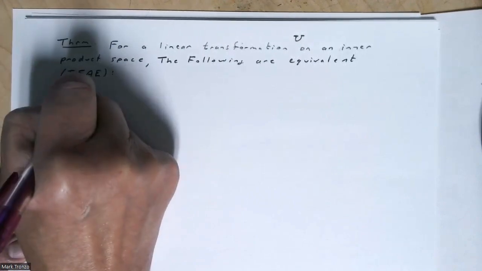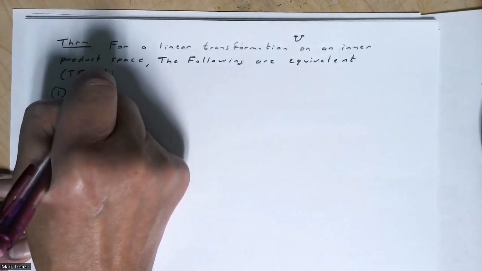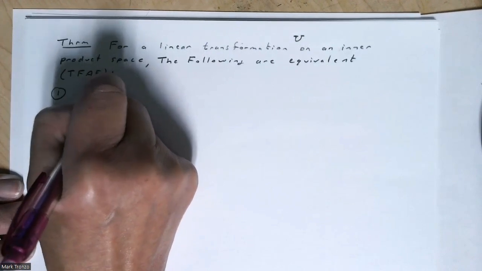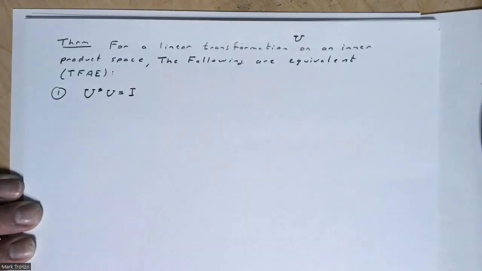Number one, the adjoint of U with U is the identity.